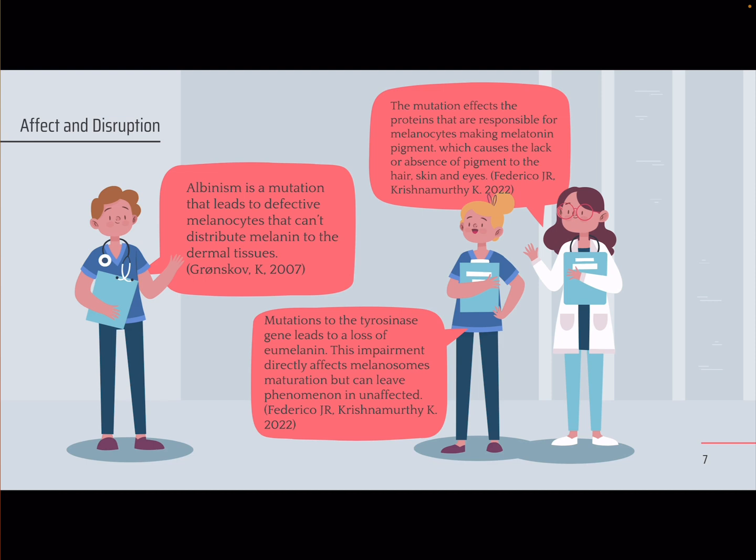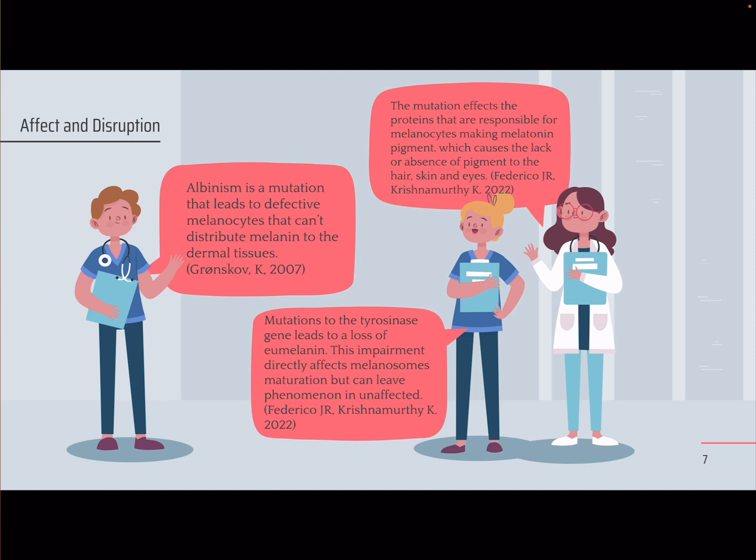In addition to this, albinism is a mutation that leads to defective melanocytes that can't distribute melanin to the dermal tissues. If melanin cannot reach the dermal tissues, this is what would cause the change in pigment or the lack of pigment in our skin, hair, and eyes.